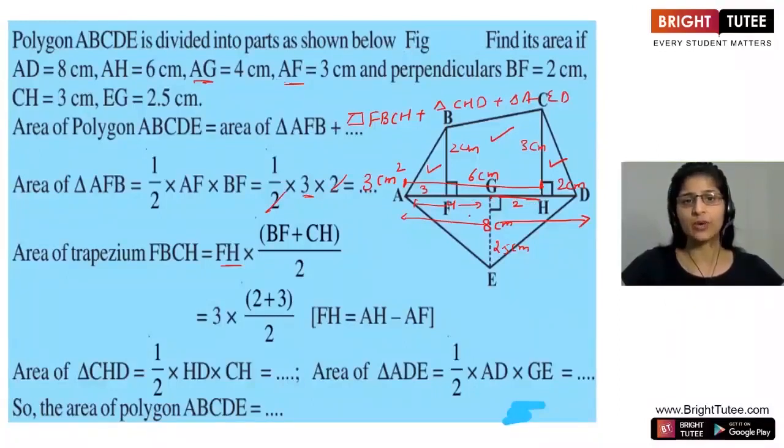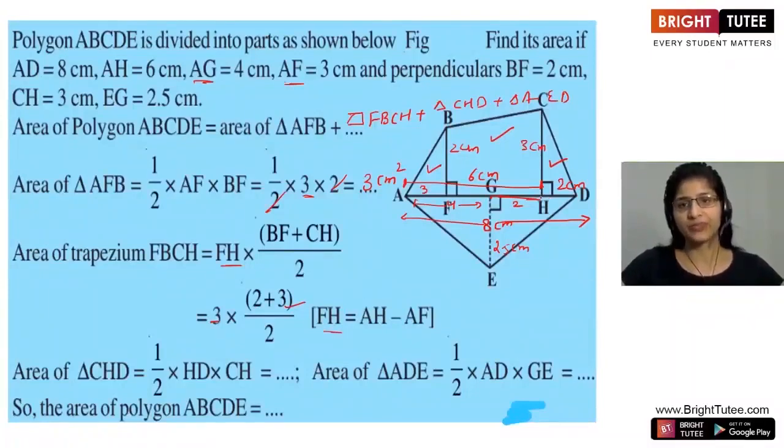So how much is FH? Then BF and CH are the two perpendiculars, and these are the two parallel lines. The area of a trapezium, we have learnt in the previous lesson, is height into the sum of parallel sides divided by 2. Now how to find out FH?